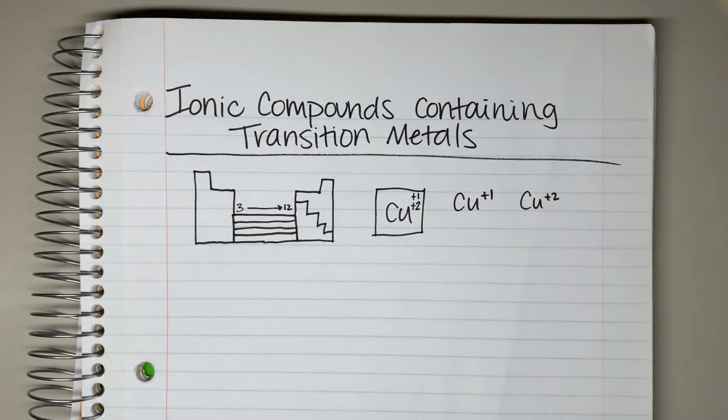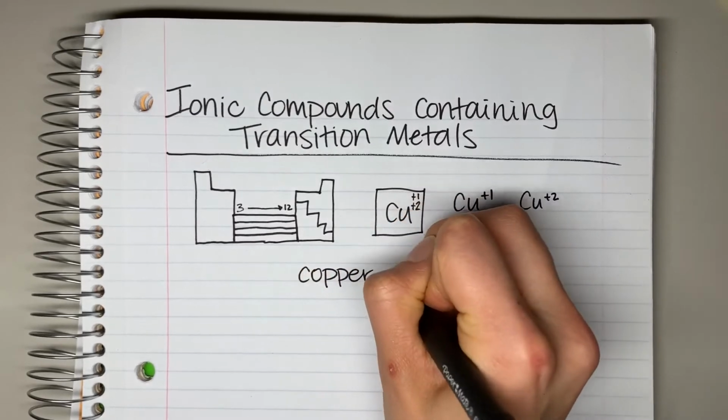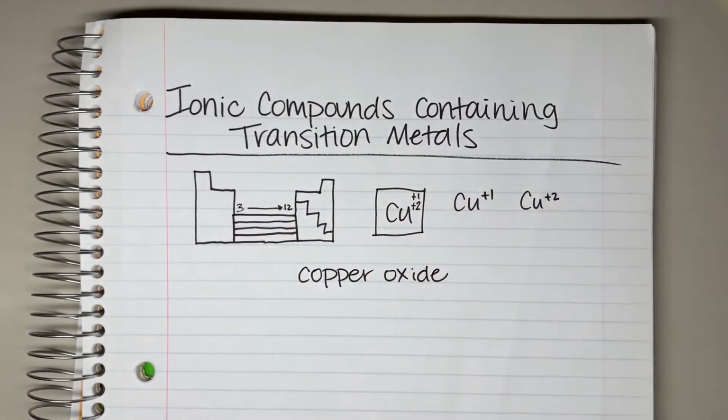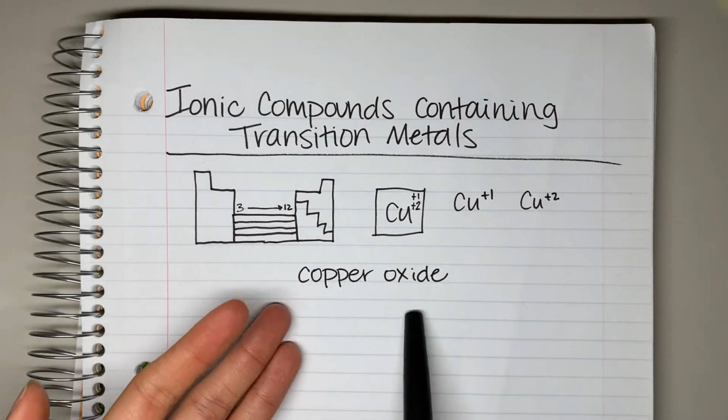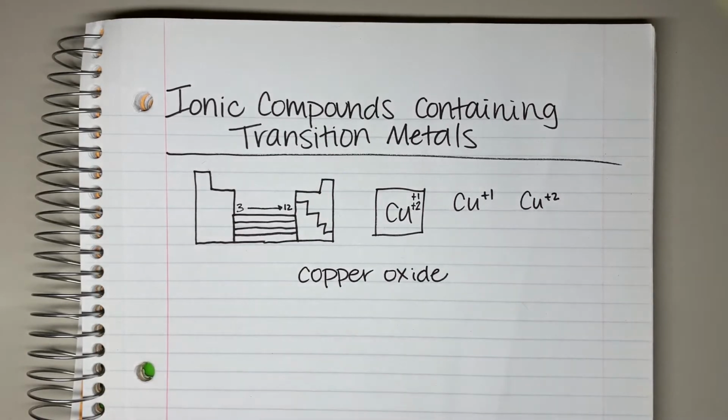But obviously, if we were just given the name copper oxide, so we have copper bonded with oxygen, this is not a name that is telling us specifically which one of these copper atoms is actually in this compound, okay?